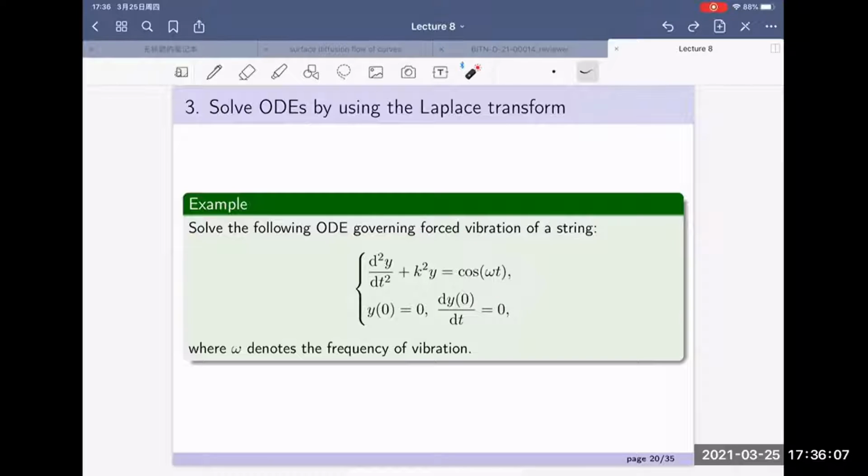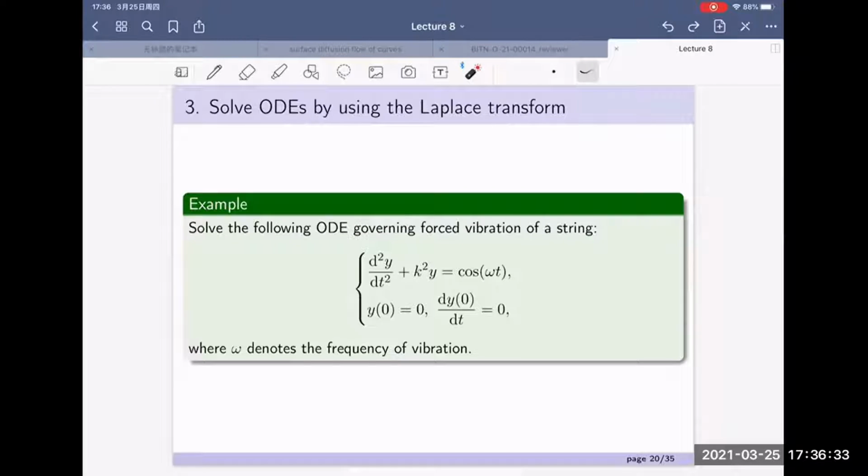Then the string vibrates, and k is the internal frequency of the string, and this omega is called the external frequency. So omega is the frequency of the force.